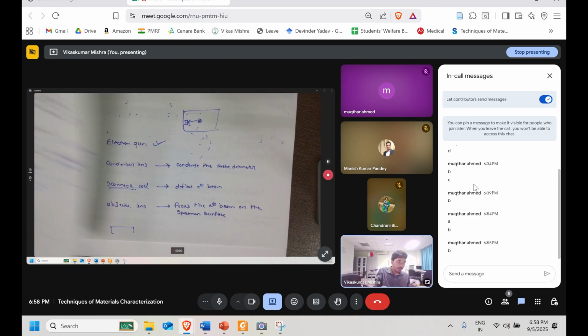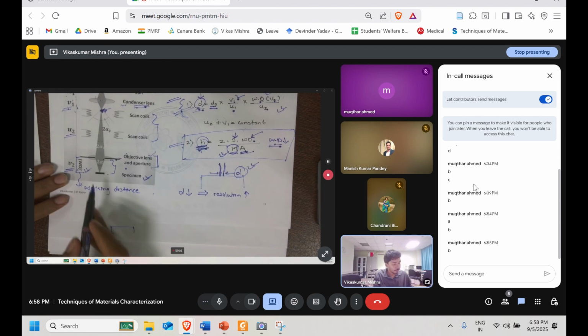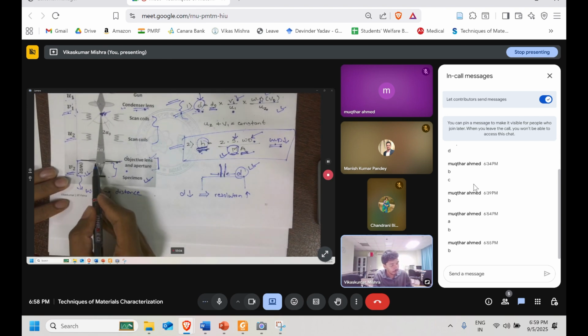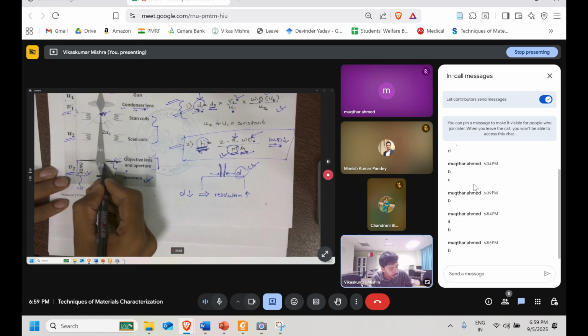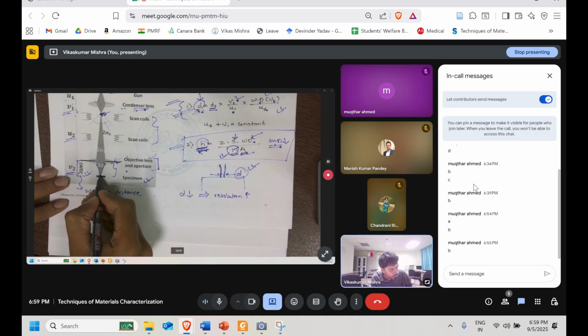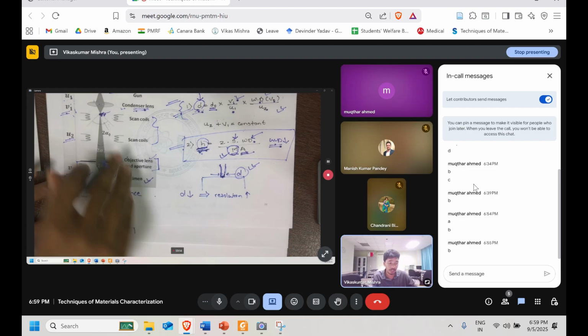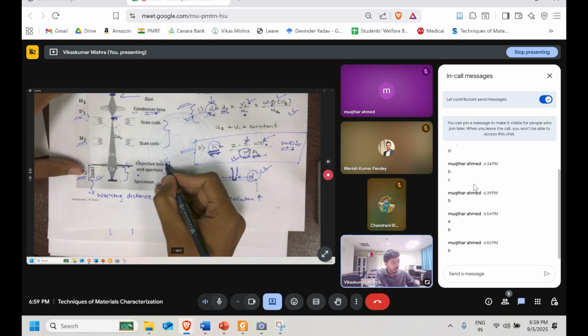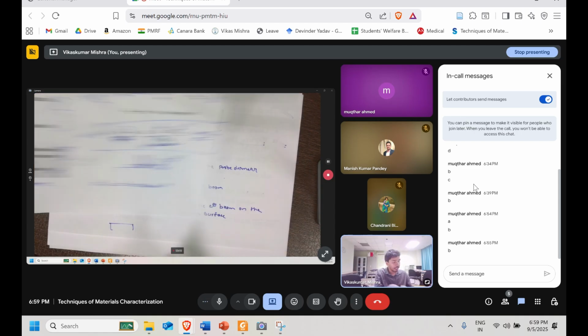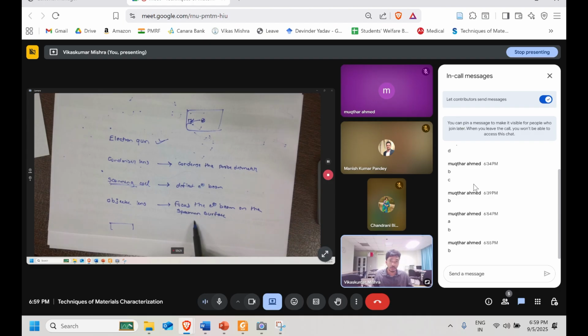See, from this particular figure, the focal point of the objective lens will lie over here, because the beams are converging to the specimen surface. So the objective lens purpose is to focus the electron beam onto the specimen surface.